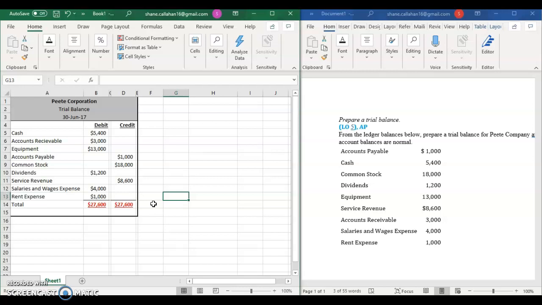I guess the big point is that trial balances are there to help you see if the spending that the company is doing is going to be equal on both the debit and credit side.